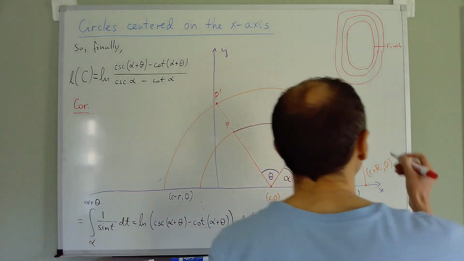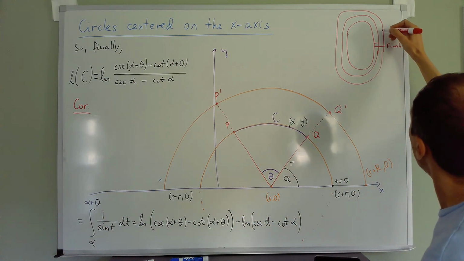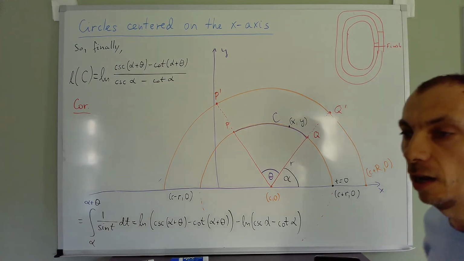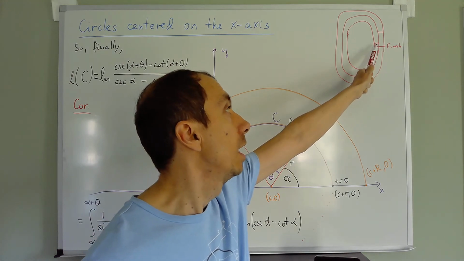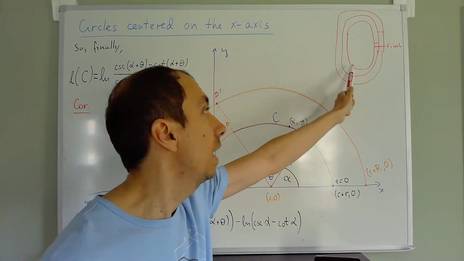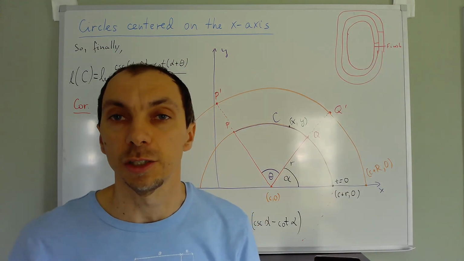So usually what you see in various sporting events is that the starting lines of these two people are actually at different locations. This one then has to run that distance to the finish, and that one starts a little bit ahead so that the total distance is the same.